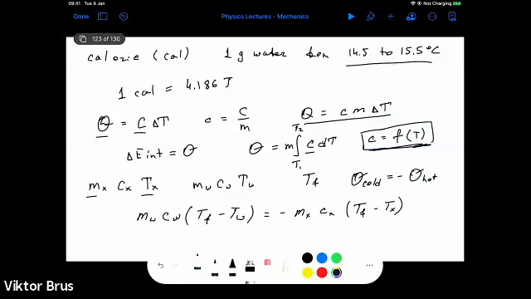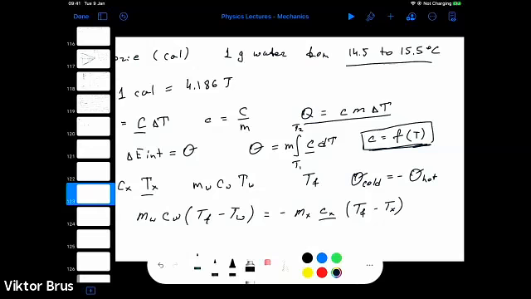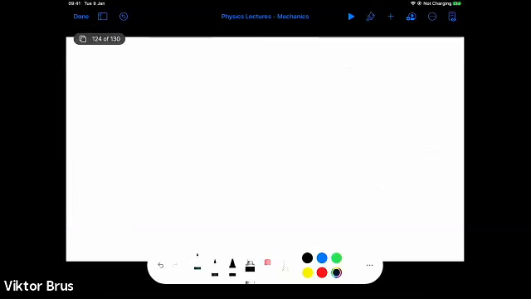So since all parameters besides Cx are known, we can determine this unknown heat capacity of the substance under investigation.